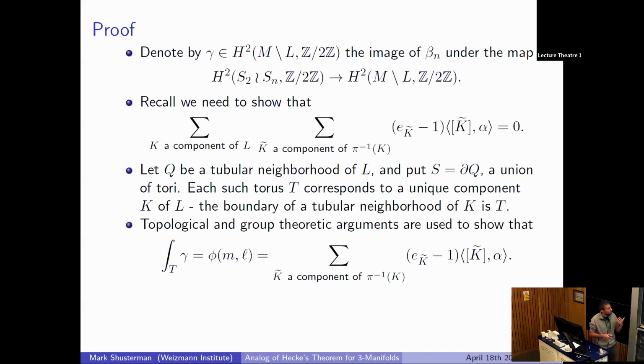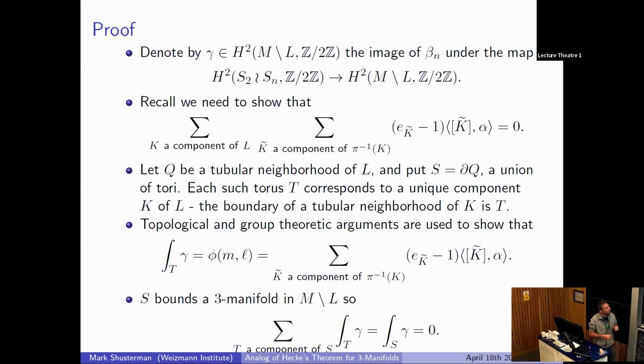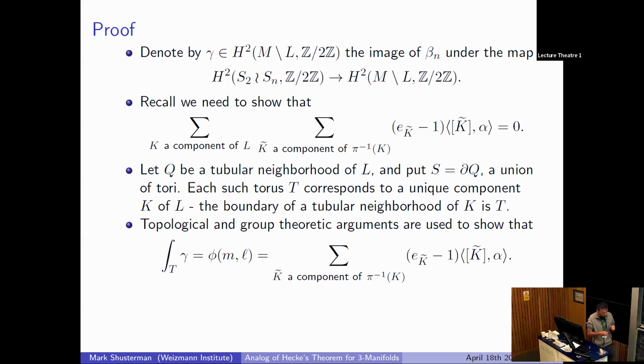And then by some further topological arguments that I do not want to put you through, you show that this phi, the bit 0 or 1, phi of m and l, is equal to the inner sum that you see here.